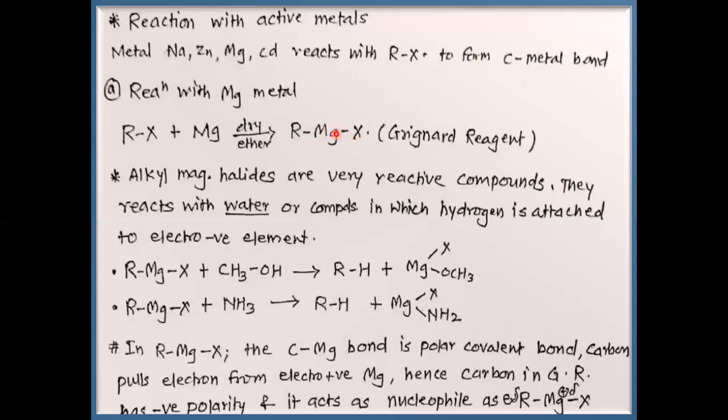This compound is known as Grignard reagent. This is an organometallic compound. RX is an organic compound, and when it reacts with magnesium metal, carbon-metal bond formation takes place. So RMgX is Grignard reagent.